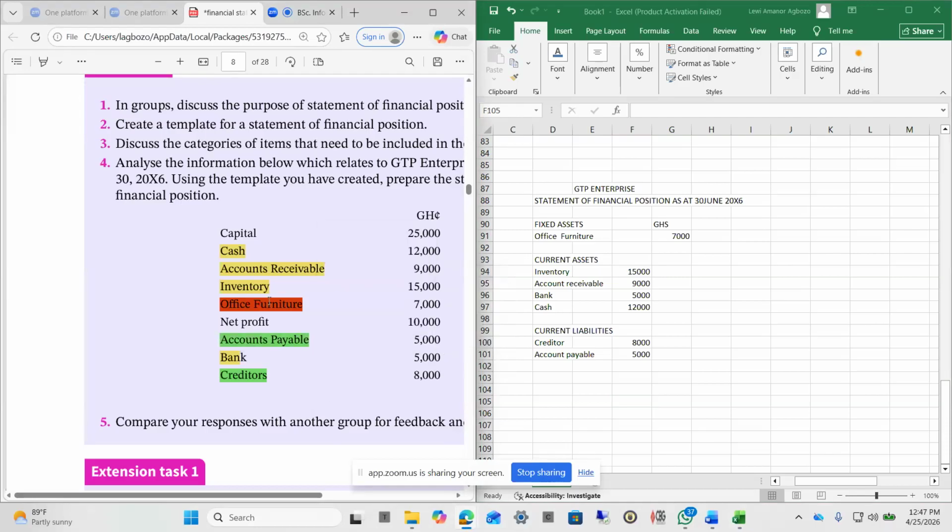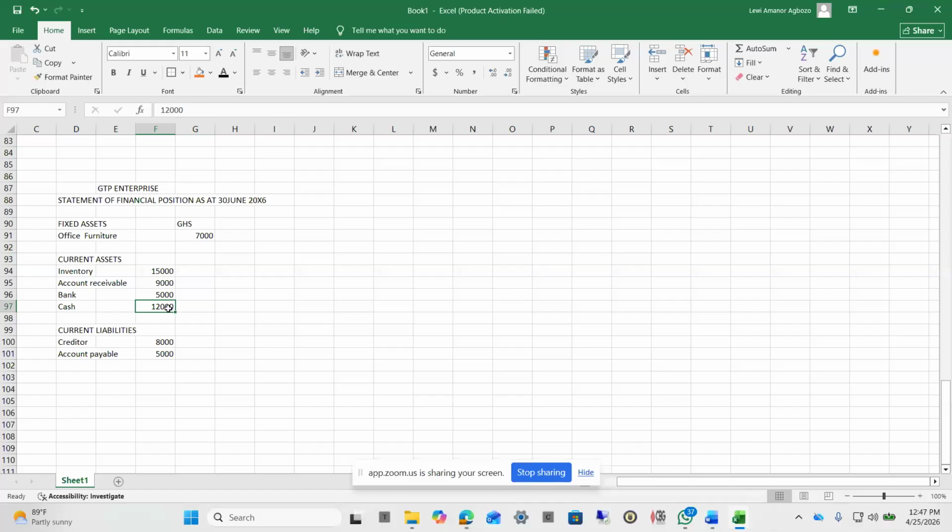We are now left with only two. So you just add the total of this one, and the total gives us what? This gives us the total.